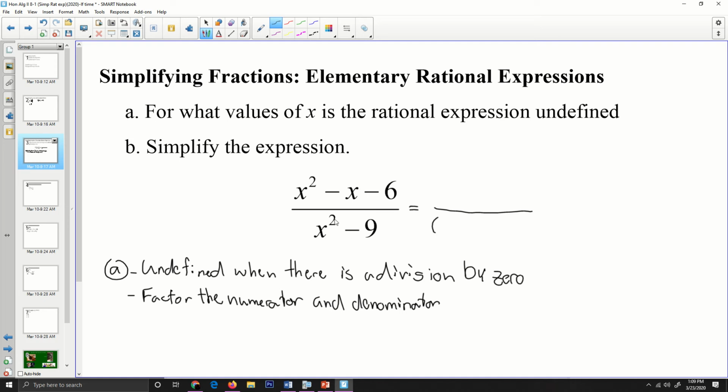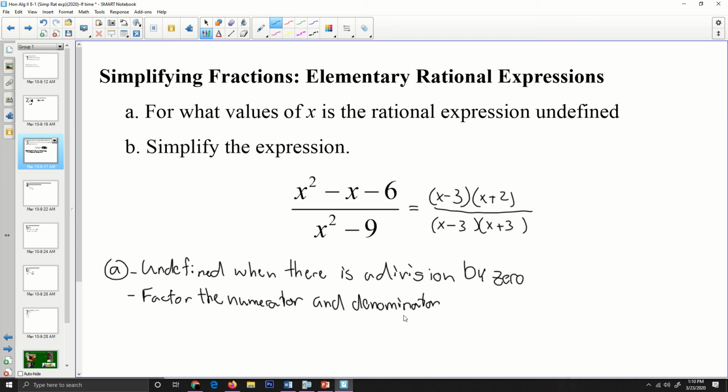Since it's a squared minus b squared, we can factor that into a minus b times a plus b. So it's going to factor into x minus 3 and x plus 3. And then the numerator is not a difference of squares, but it is something that we can factor. There are two factors of -6 that add up to -1, and they are x minus 3 and x plus 2.